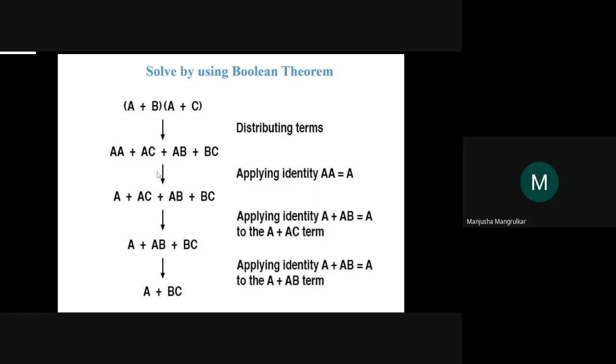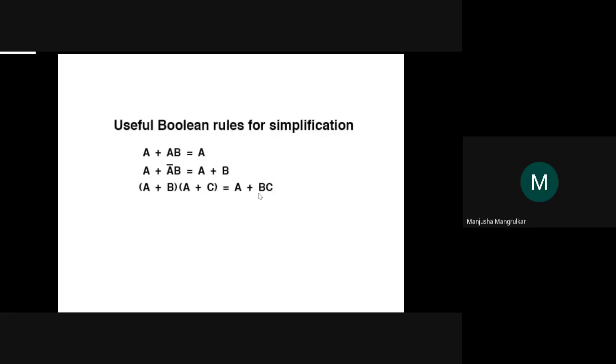Clear? So you have to do this again and again, so your theorems will be clear and you will come to know which theorem to use where and for what purpose. Now, using the Boolean rule for simplification, we have used A or A and B is A. We have used this: A or A complement B. So here only A, so A is here. Here is the complement.